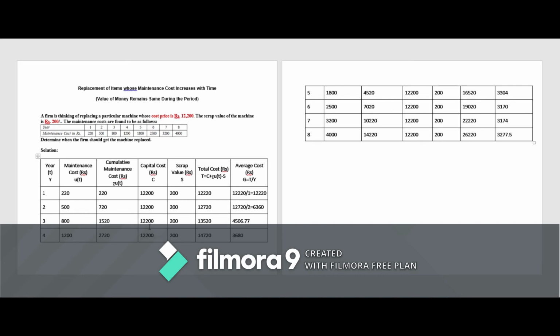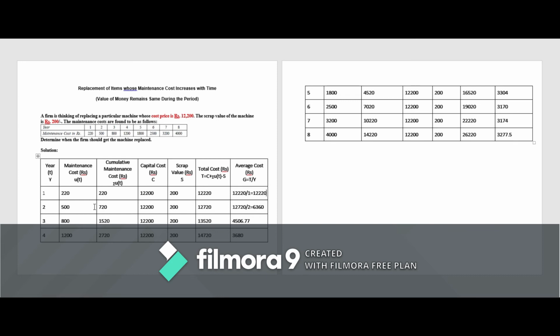So look at the table, at the columns maintenance cost and average cost. Look at these two columns only. In the first year, the maintenance cost is very small and the average cost is 12,220.